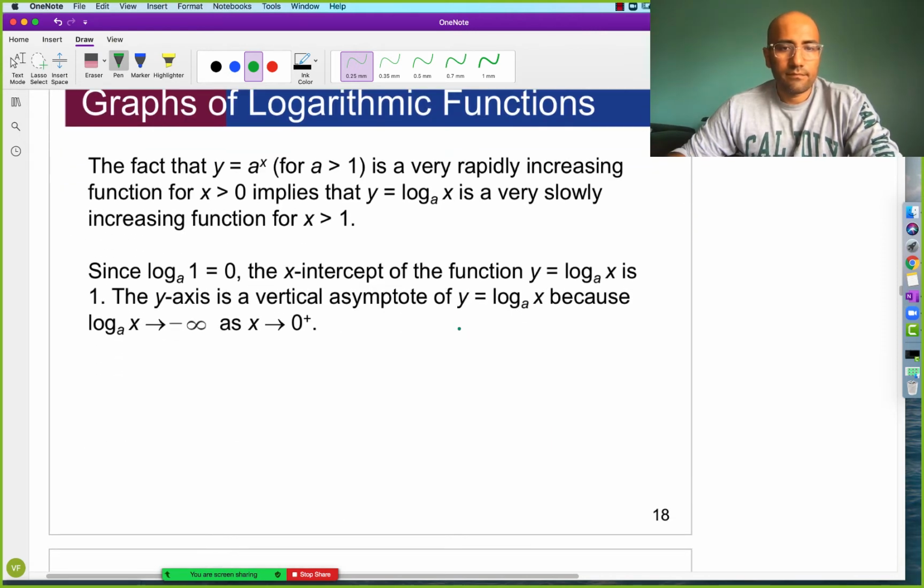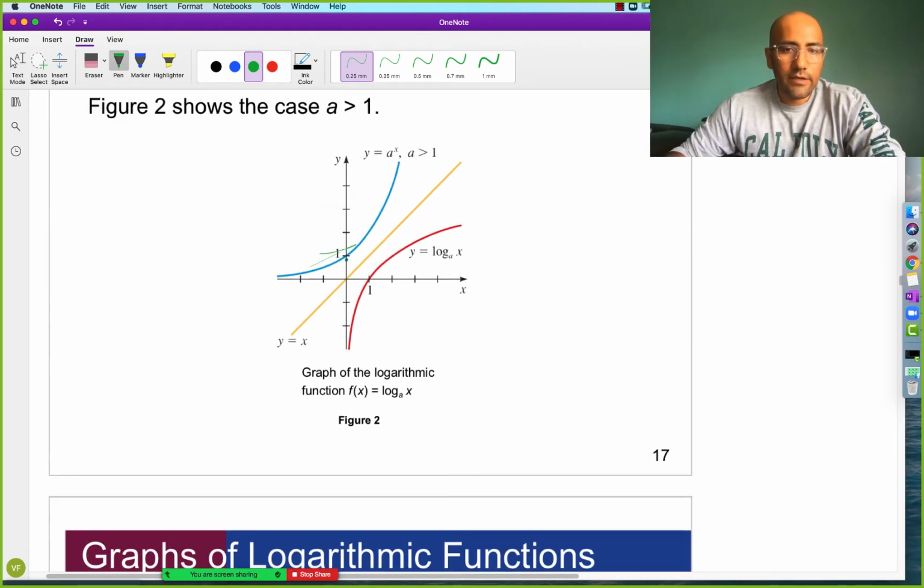Good. Here this point exists for this function, 0, 1. Any base number a raised to the power of 0 equals 1. So its log function is going to have the opposite, right? We're just flip-flopping these, so that it'll be 1, 0.